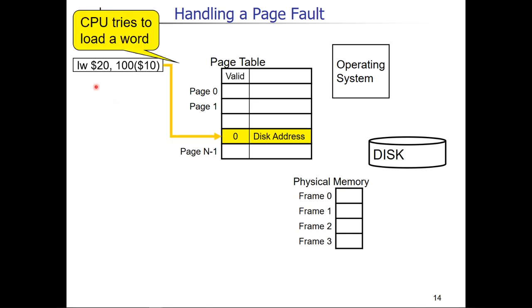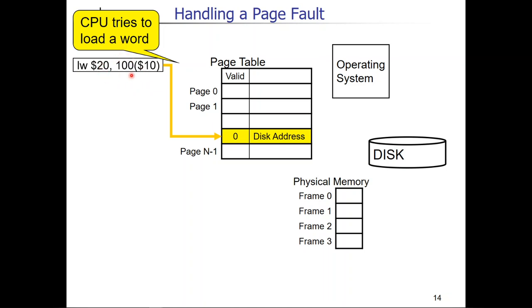Let's suppose we are trying to execute this particular instruction, which is a load word instruction, and we need to load a word based on an address into register number 20. It doesn't really matter what the exact details of the instruction are. We're just trying to load a word into a register.